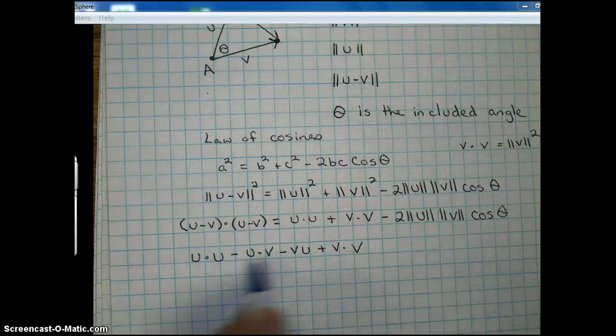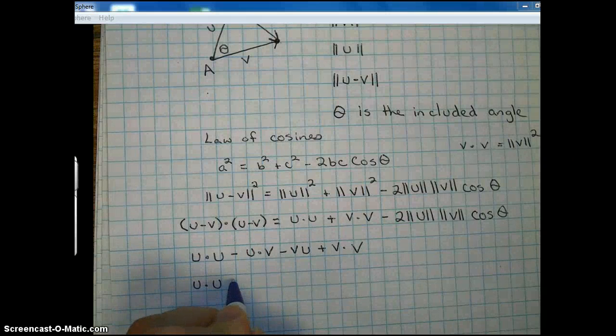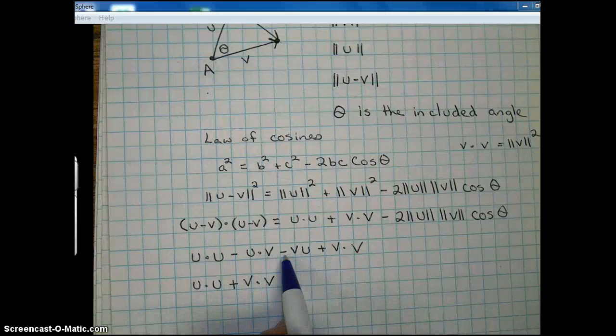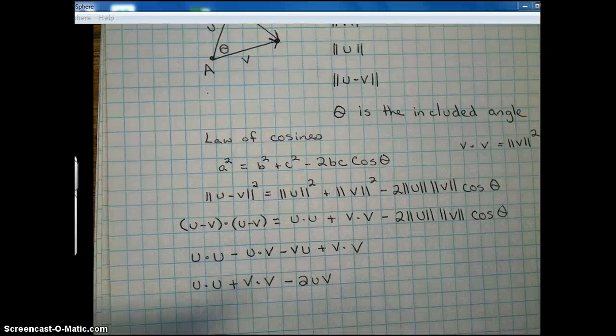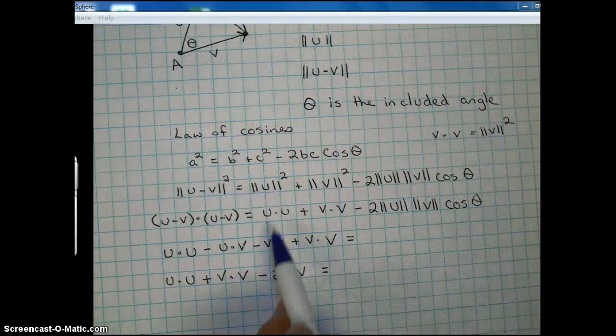Just do a little combining here. We got u times u, plus, I'm going to move the v times v over here. And then a negative uv and a negative uv is minus 2uv. Next thing I'm going to do, I'm going to bring down the right side.